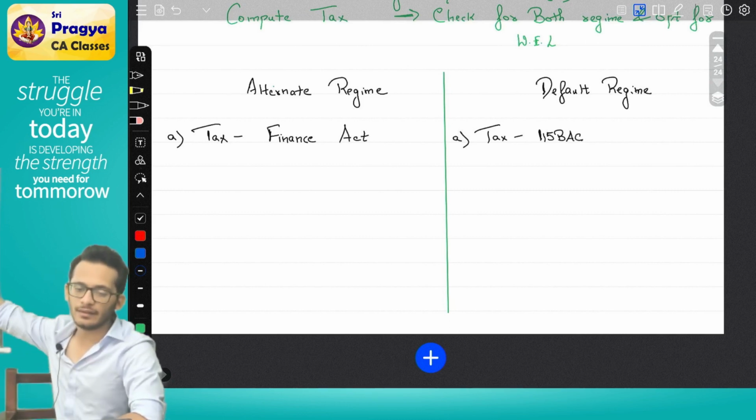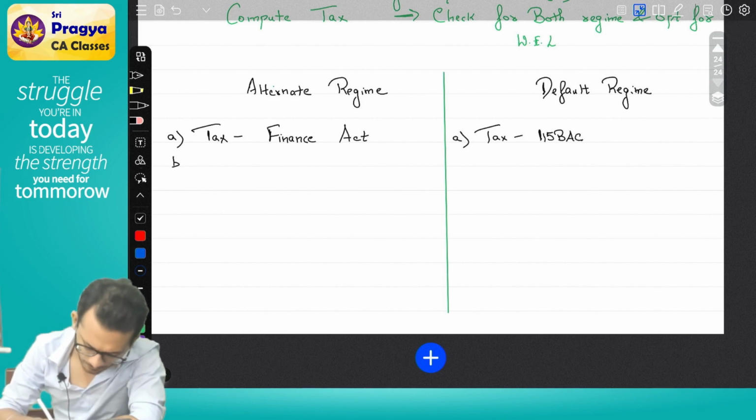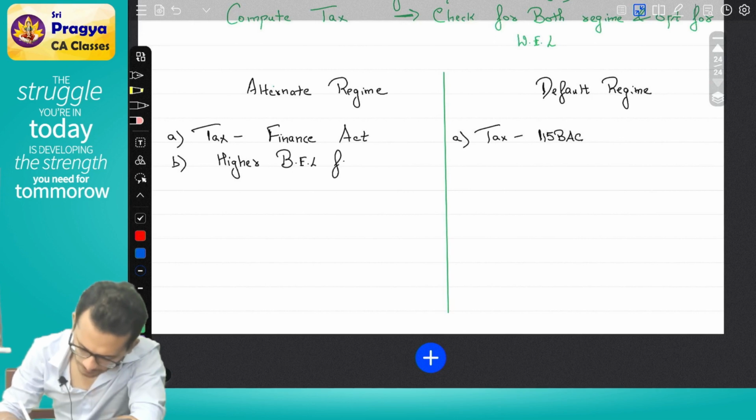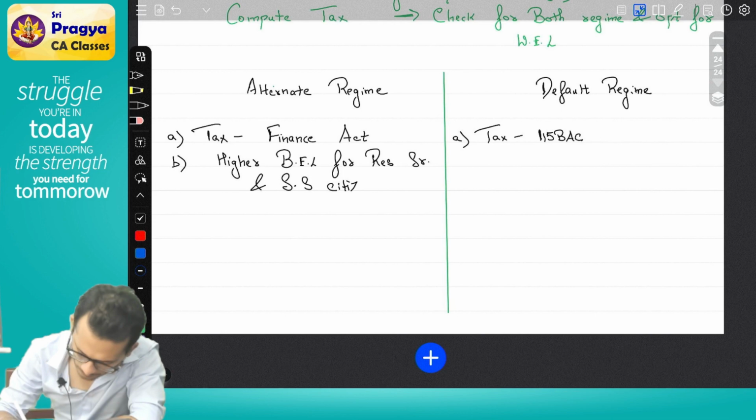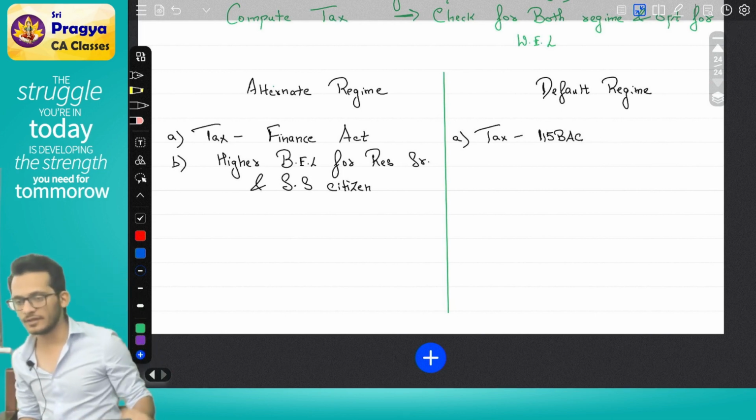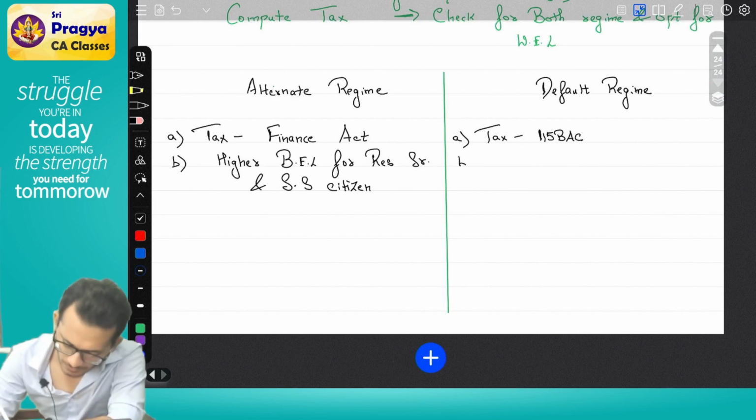In the old regime, you have a higher basic exemption limit for resident, senior and super senior citizens. Yes or no? Do you have this in the new regime?